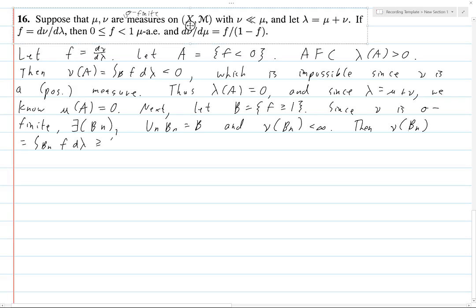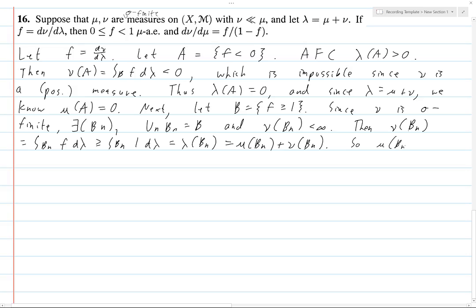But because f is greater than or equal to 1 here, this is greater than or equal to the integral of 1 d lambda, which is just equal to lambda Bn, which by definition is mu Bn plus nu Bn.